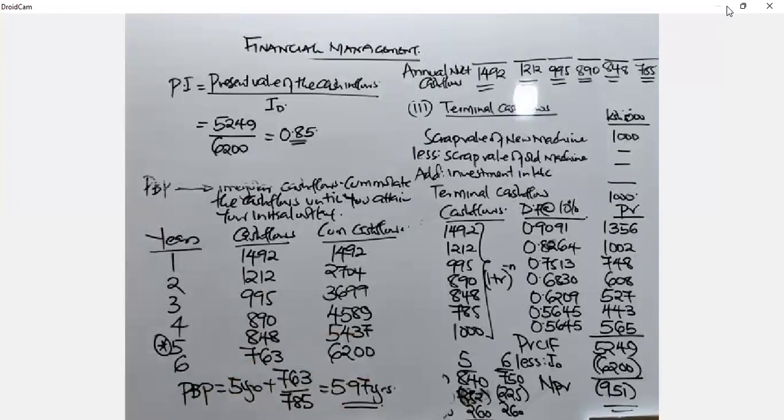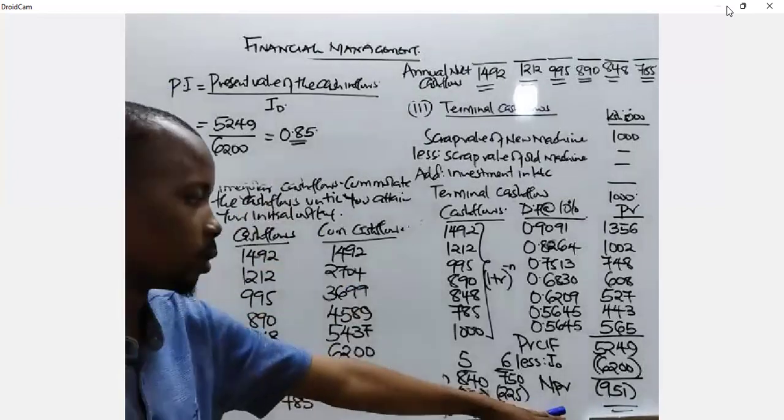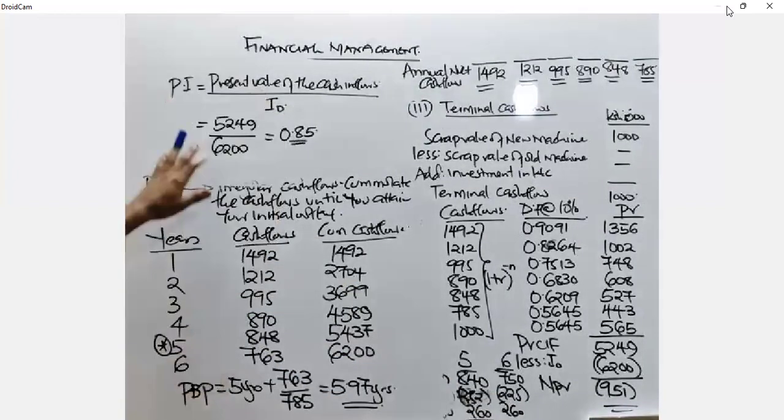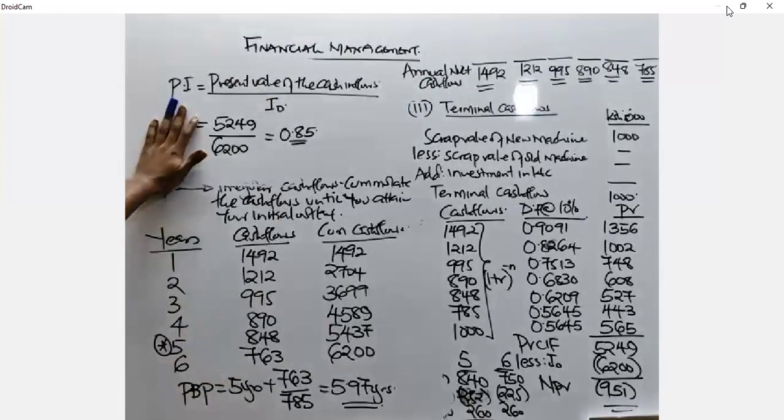A project whose PI is equal to 1 may be accepted. In other cases, for IRR, when the IRR is greater than the cost of capital, we normally accept, when the NPV is positive and the PI is equal to 1.